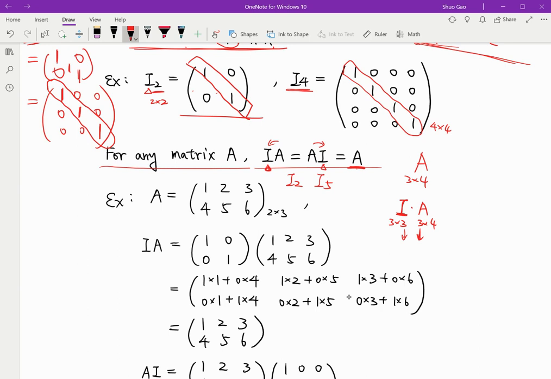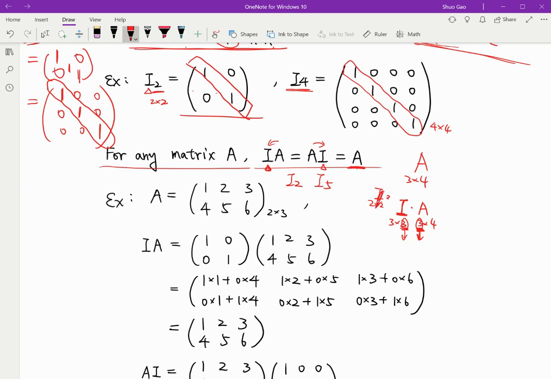So we have to find an identity matrix that is conformable with A. So the only dimension that the identity matrix can have is 3 by 3, right? Only in this way can we calculate I times A, because the 3 here equals the 3 here, right? If we use a 2 by 2 identity matrix, then we cannot calculate this matrix times the matrix A because they're not conformable.